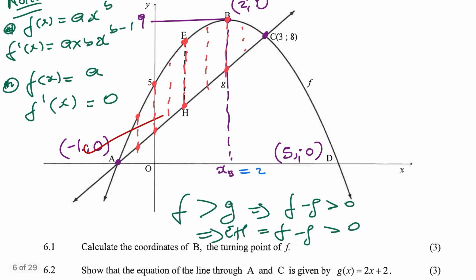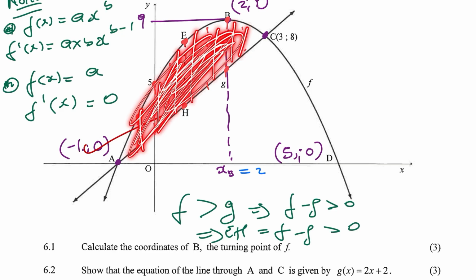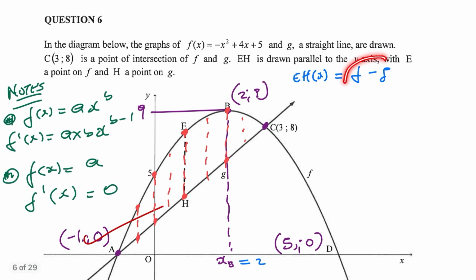Does that make sense? We are looking at this area here. Now how do we get the equation of this area? The equation of this area is basically f minus g, and we already know this is h of x.